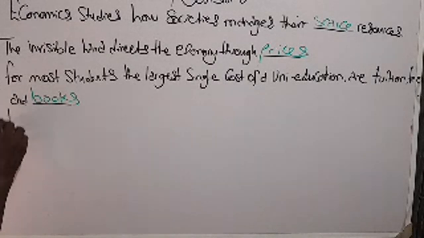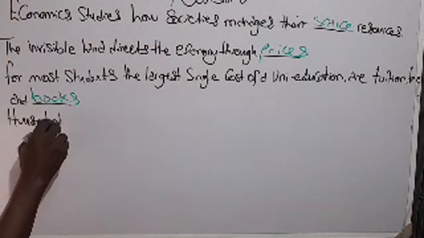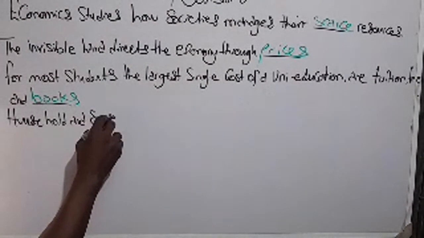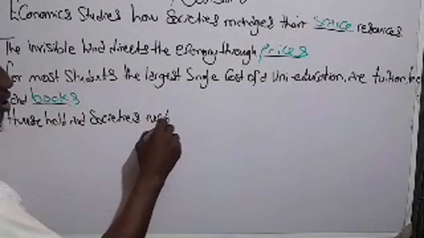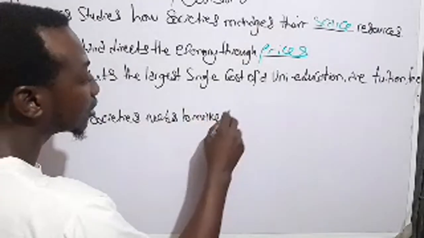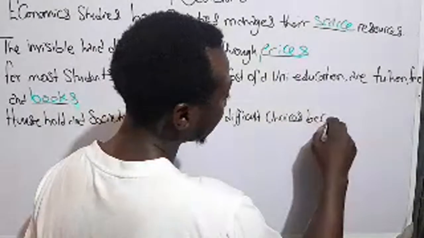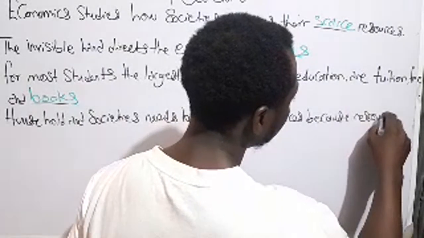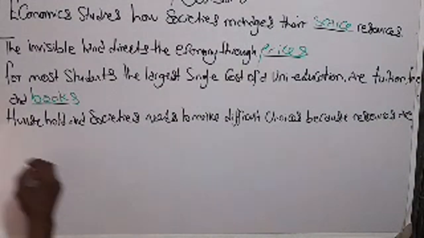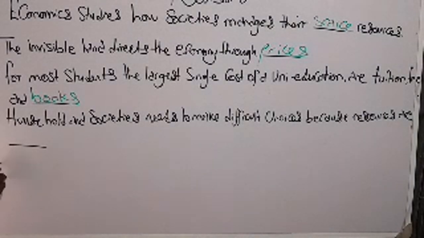Now let's put it this way: households and societies need to make difficult choices because resources are dash.